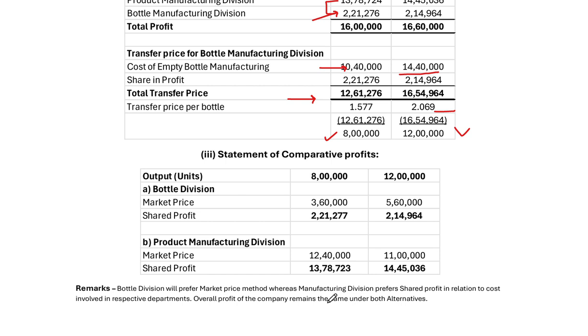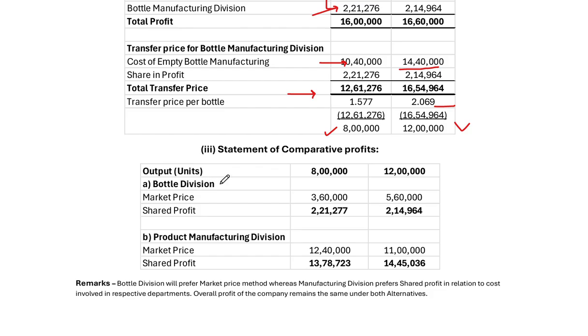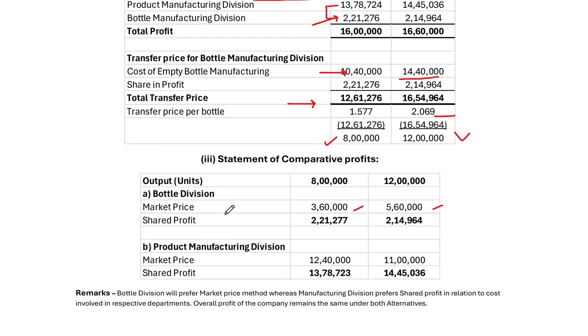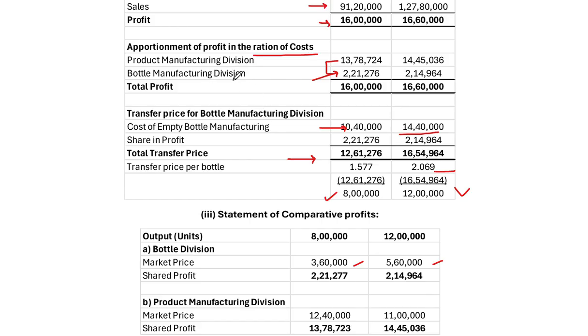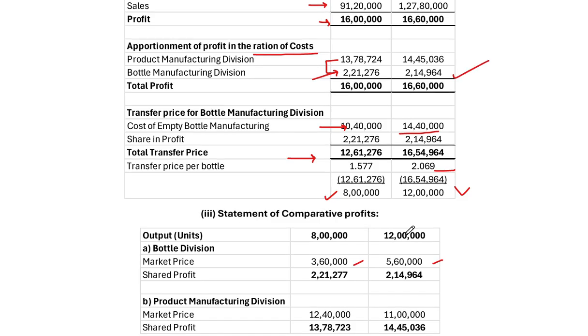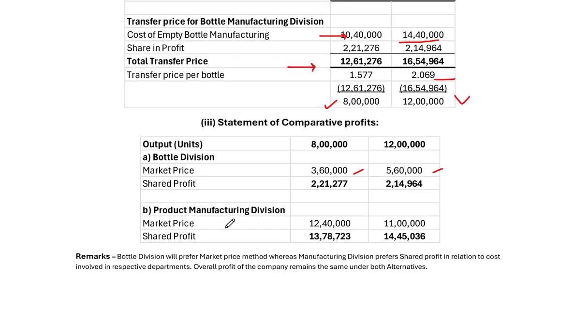Now, in the third part, we will compare the profit between the bottle division and the product manufacturing division. Here we can see in the bottle division, the market price profit for 8 lakh units is 3 lakh 60,000 and for 12 lakh units it is 5 lakh 60,000. And the shared profit, which we already calculated for the bottle division, is 2,21,276 and for 12 lakh units 2,14,964.